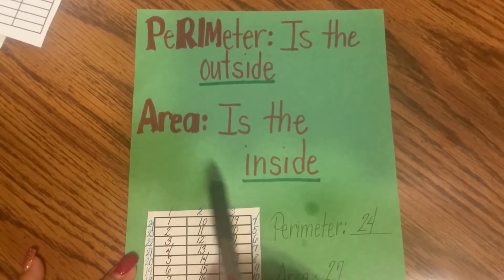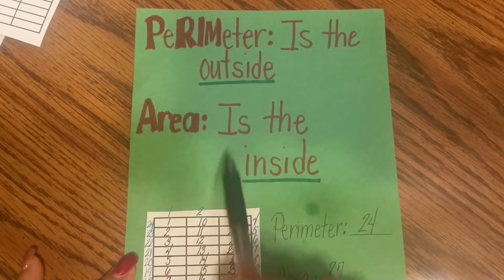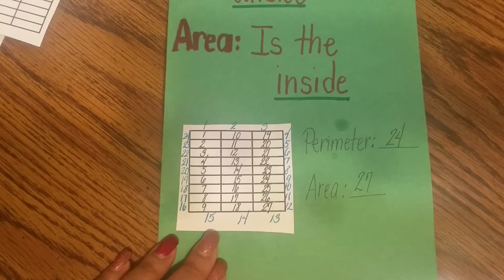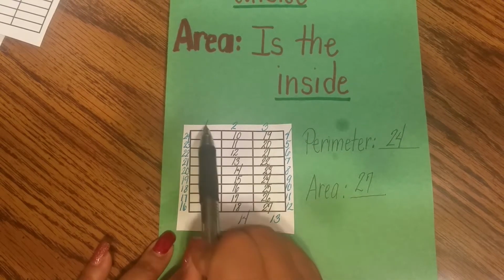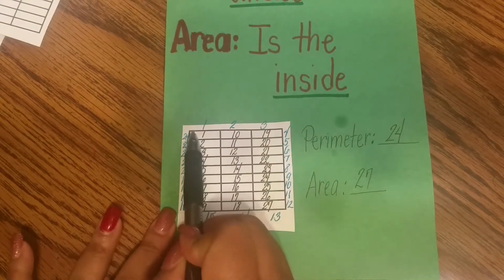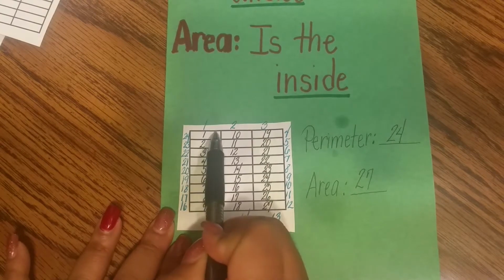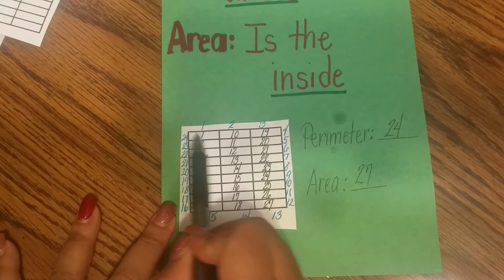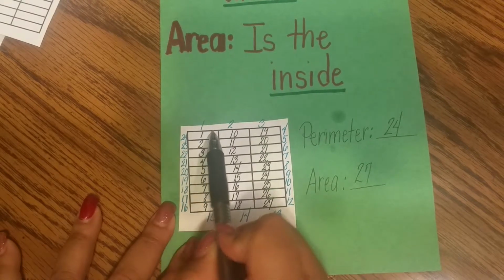Remember, area is the inside. We want the inside of our shape. So if I have a shape like this, to find the perimeter, I'm counting, I can't think of what this is called, the strips on the outside. So this is one strip.